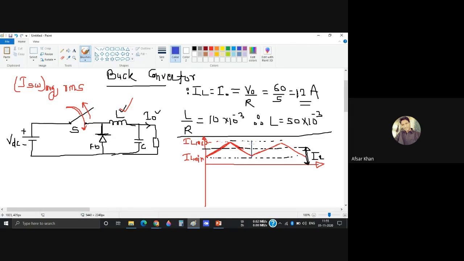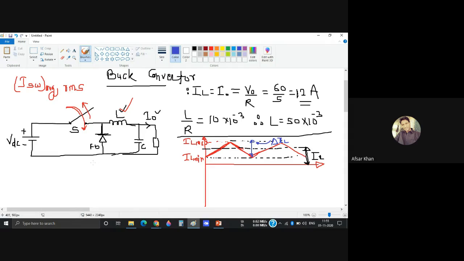Okay, students. This is your ripple, and this ripple is called delta IL. Is it okay to you? Ripple is delta IL.